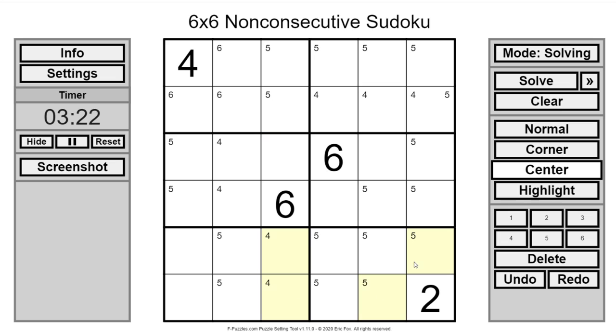Those 4s affect 3s in these areas. Don't know what to make of that. The 6s in this box are restricted to these spots, which means that that can't be a 5.